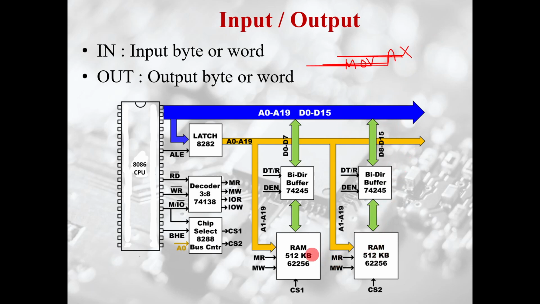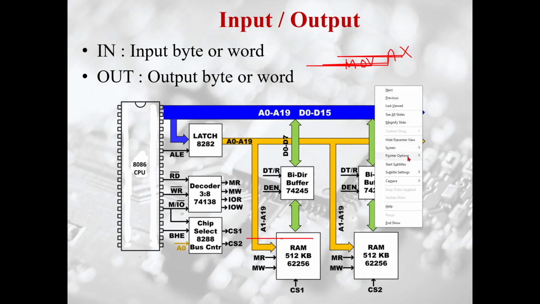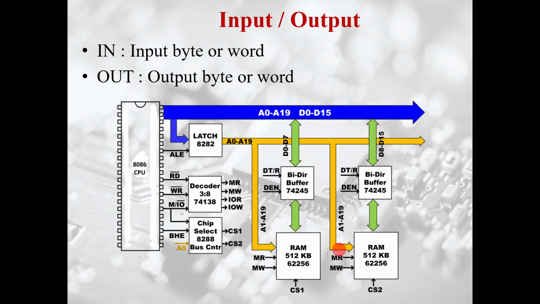In that case this is only an 8-bit, and this is also 8-bit, but if I write an instruction of move AX and then I specify some memory address, then the 16-bit data has to come, because this is AX, not AL or AH, right?